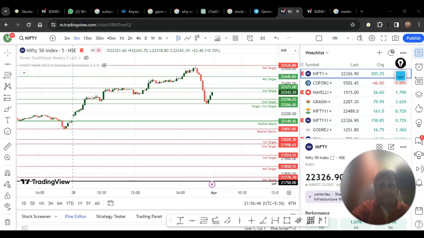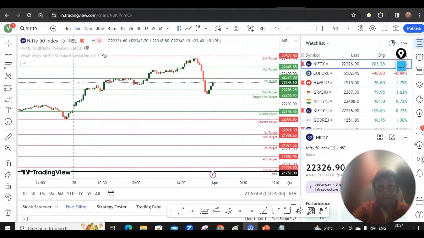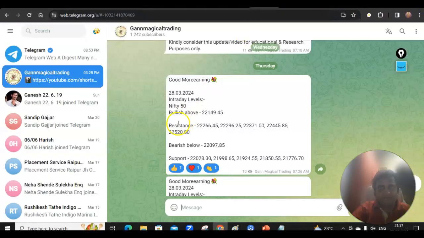So for that, I'm making a video today to tell you how exactly you should use the levels. In Telegram, I mentioned Nifty bullish above 22,149.45.